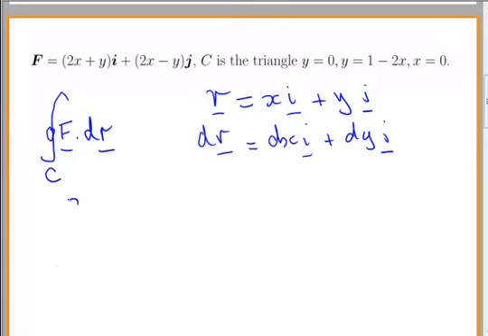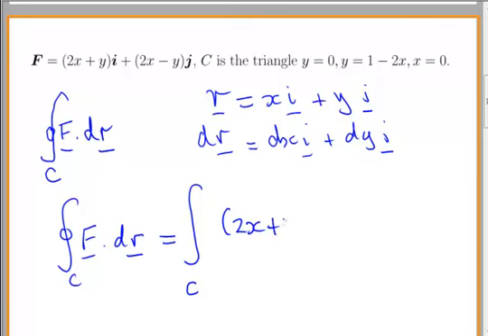So what that means is that we have the integral along C. Now, to take the scalar product, we multiply the two i components together, so we get (2x plus y) dx, and we multiply the two j components together and add it on, so that gives us (2x minus y) dy.